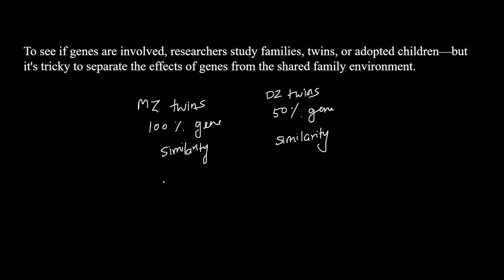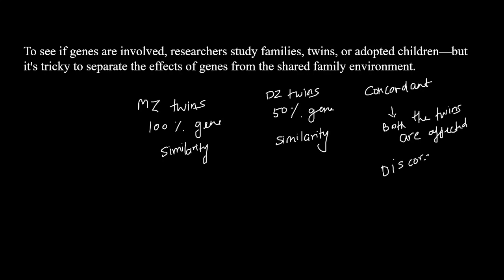For example, there is one term which is concordant. What does concordant mean? Both the twins are affected. Both the twins are affected. Now, if you see about discordant, discordant means only one twin is affected.